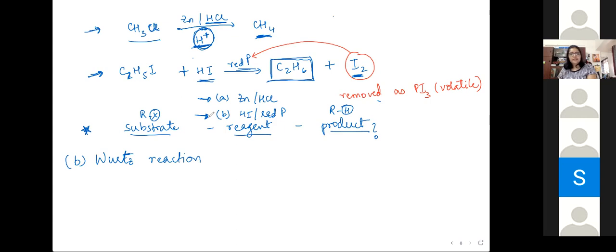In some cases, the rate of reaction will be low. In some cases, it's going to be violent, which is why you won't come across any fluorides here, even though we say alkyl halide. So usually you take chlorides, bromides, iodides. If it's a chloride, you take zinc and HCl. If it's an iodide, this is the most convenient way to prepare it.